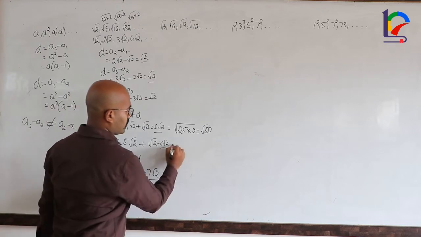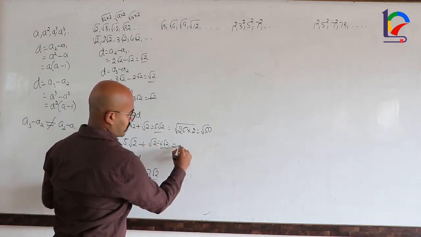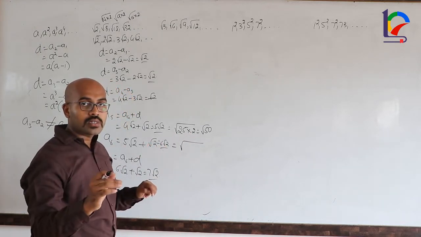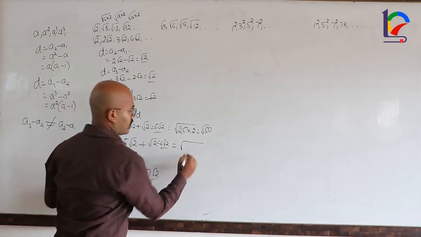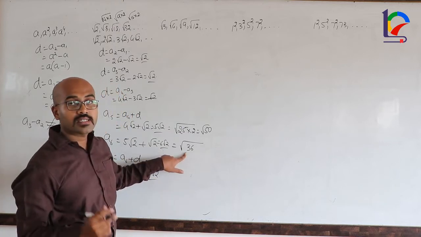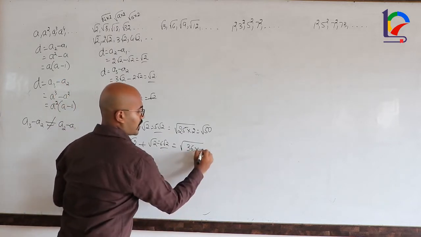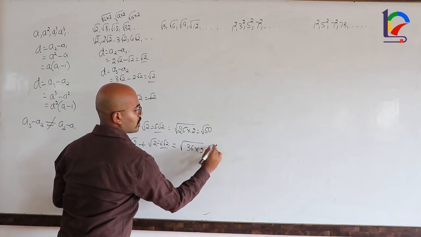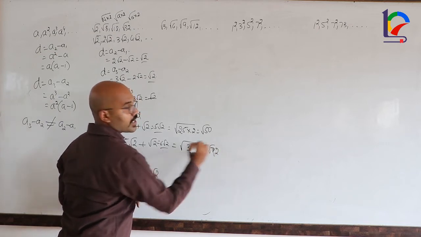Similarly here, if we take 6 under the roots, it will become 6 square, which is 36. 36 into 2 is root 72.